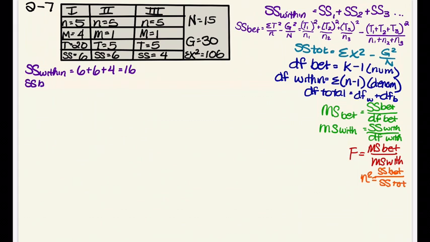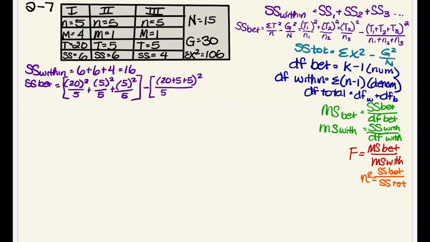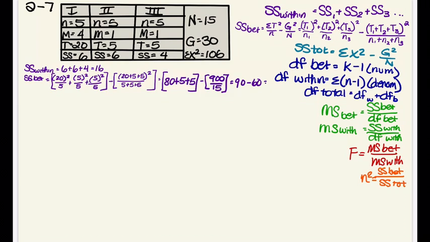Next, we'll calculate our sum of squared deviations between treatments, which is slightly more complicated. So first we'll add up all of our T values squared divided by their respective n values. And then we'll subtract our grand total squared divided by the total number of scores in the entire study. And we'll come up with a value of 30.